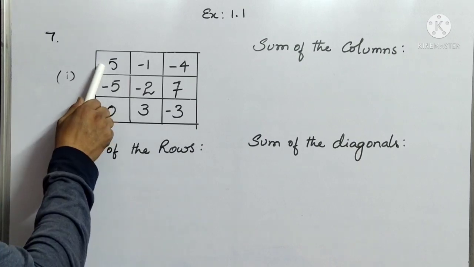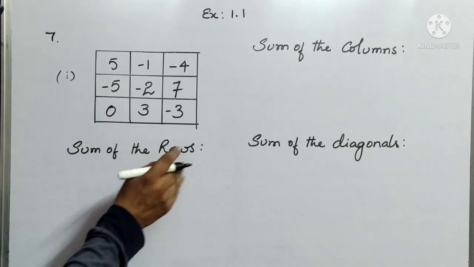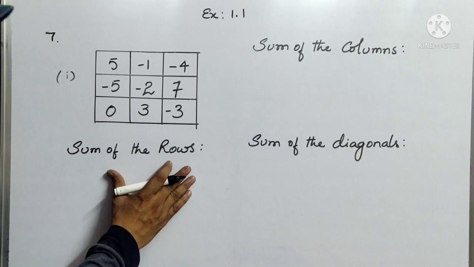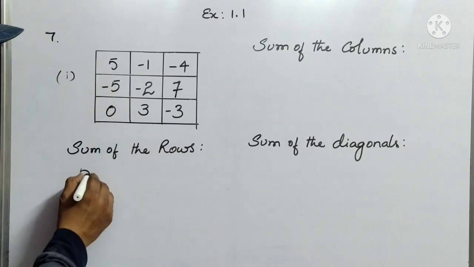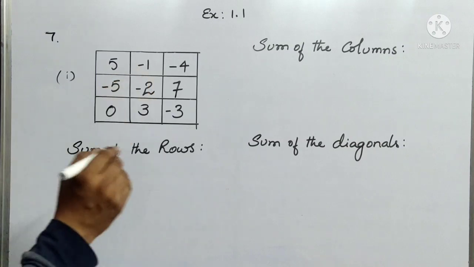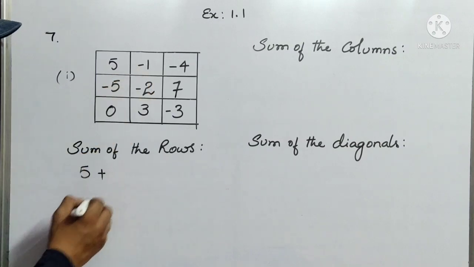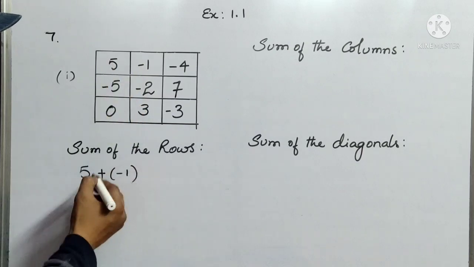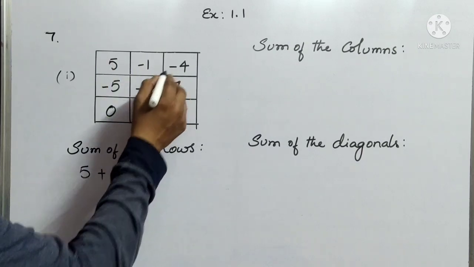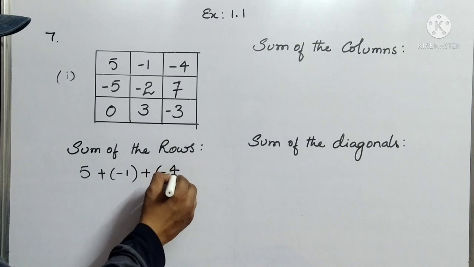See, I am taking the first row now. Sum of the rows. Now we are discussing only rows. So what is the first row here? 5. Sum means addition, so plus. What is the number here? Minus 1. Plus, what is the number here? Minus 4.